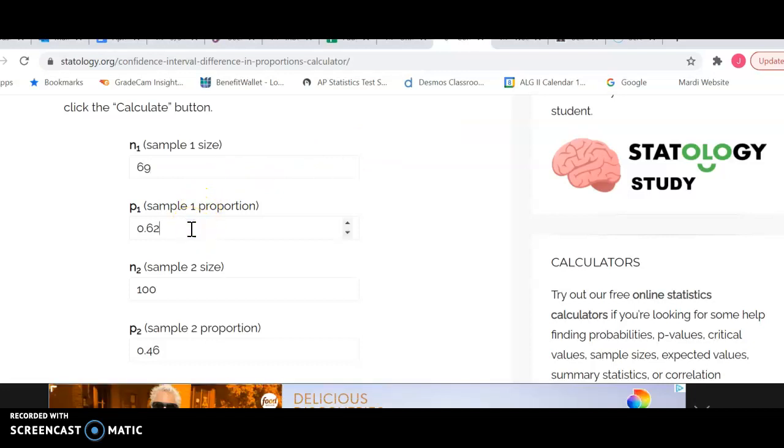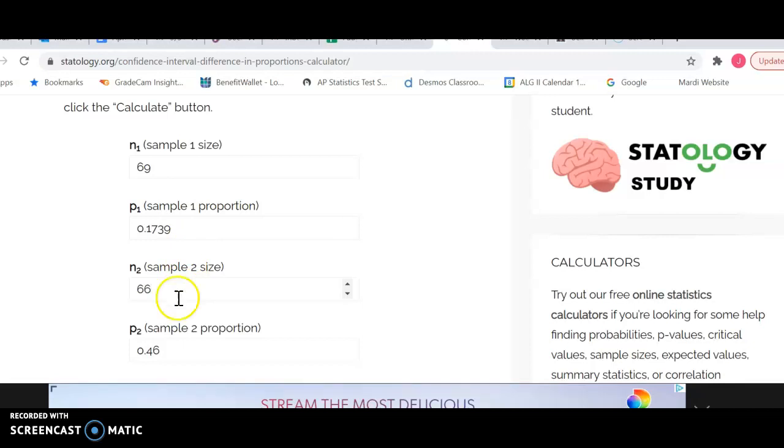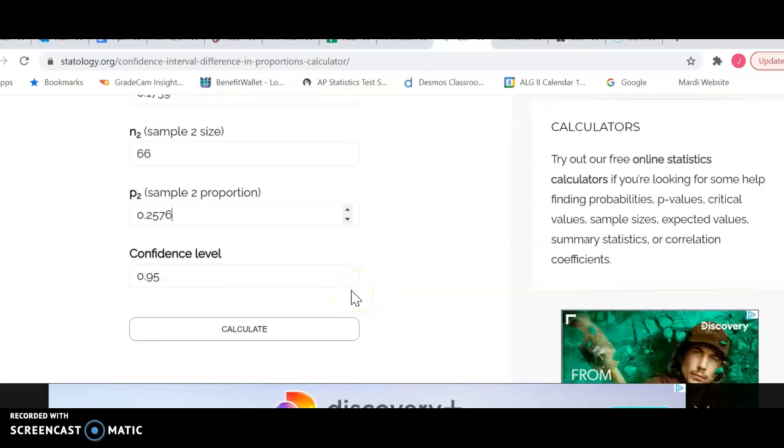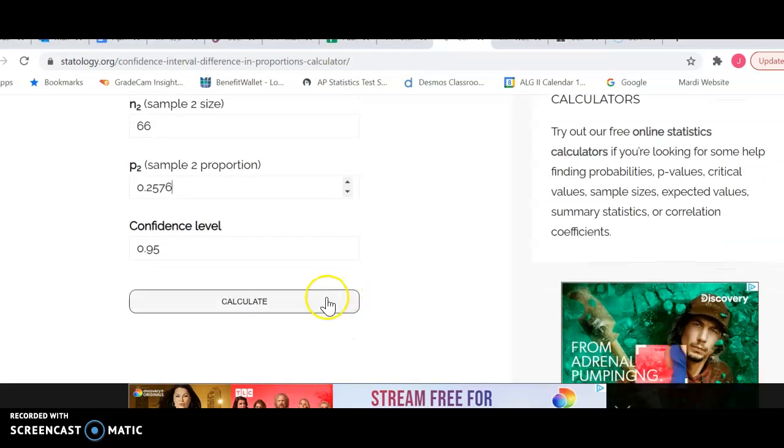P1 is 0.1739. N2 is 66. P2 is 0.2576. Confidence level is 95 because we weren't given a specific one.